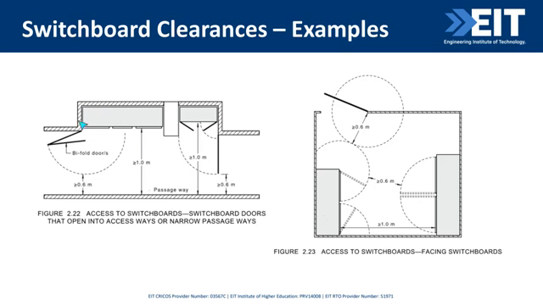This is an example if your switchboard is in an access way. So we require a meter in front of your switchboard or 600 in front of doors in any position. So if your door is bigger, you still need that clearance in front of the door, and that's to make sure if the doors are in the open position, people can still egress out of that area.